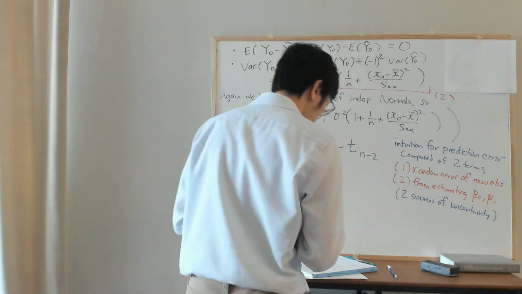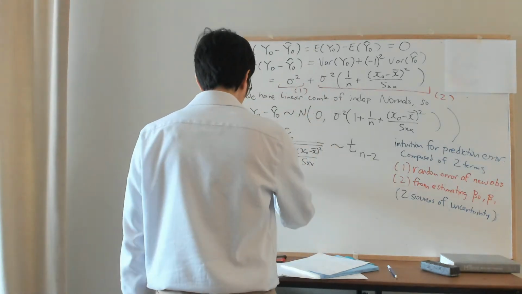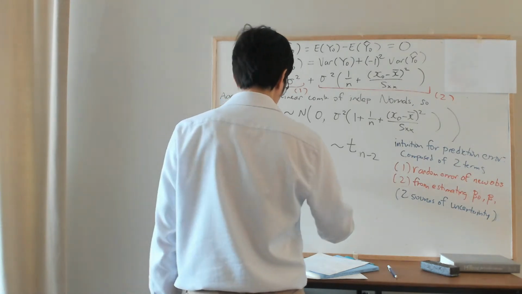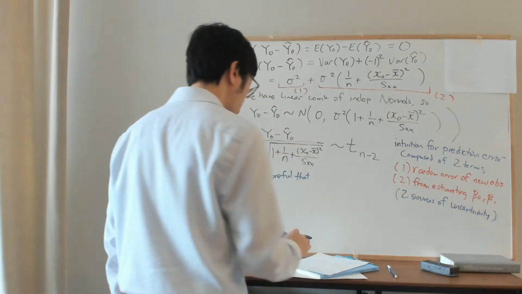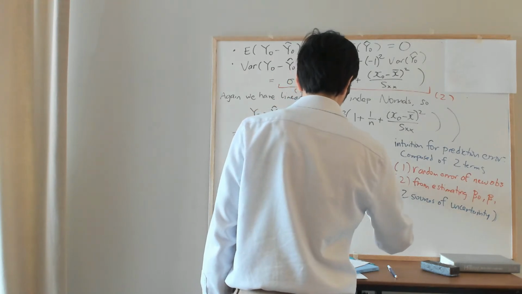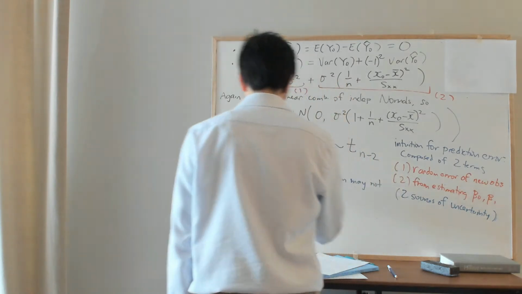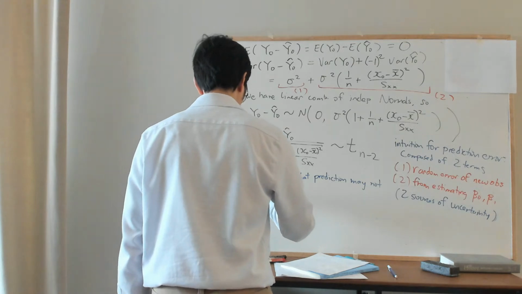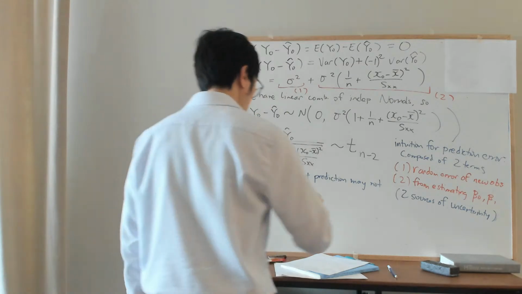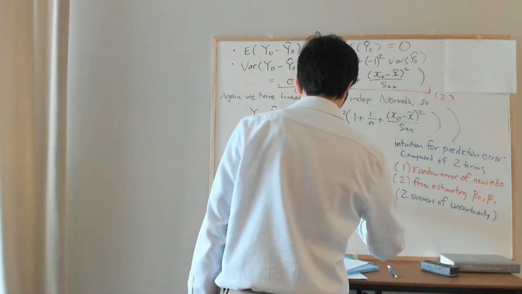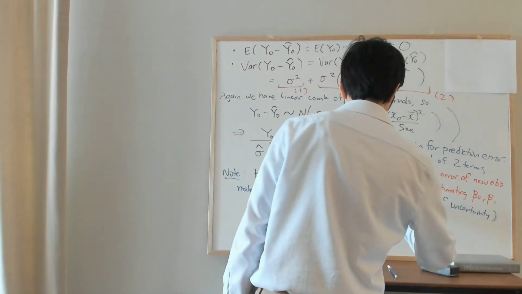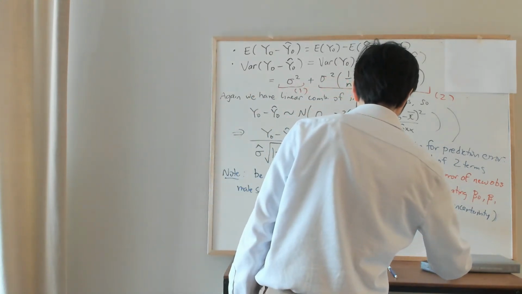So let's write that down: be careful, this might not be valid. Prediction might not make sense if this new value x0 is outside the range of the x's in the data.